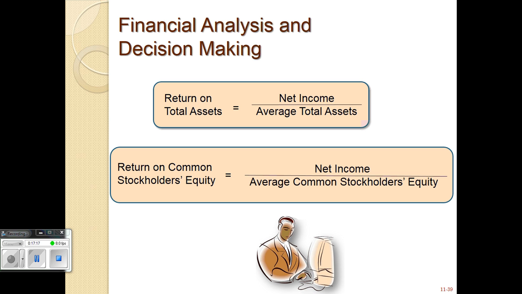Once again, beginning common shareholders' equity plus ending common shareholders' equity, and once again divided by 2. And hopefully that's going to be in the teens as far as a percentage goes. So those are two of the ratios that are appropriate for this chapter.